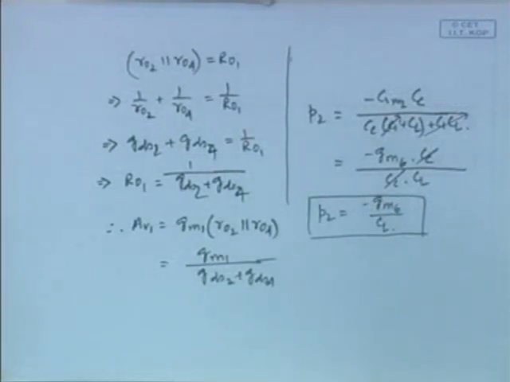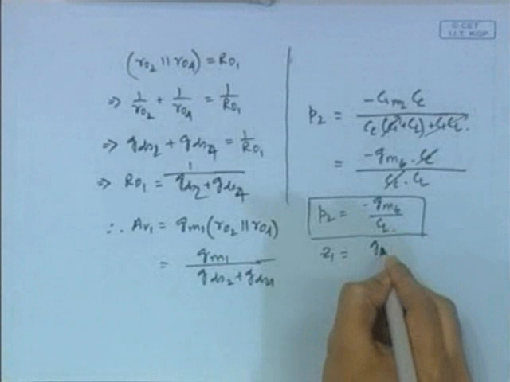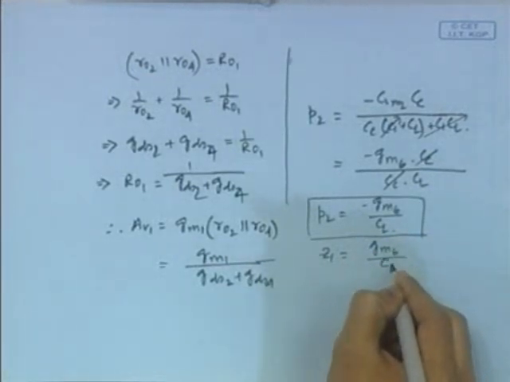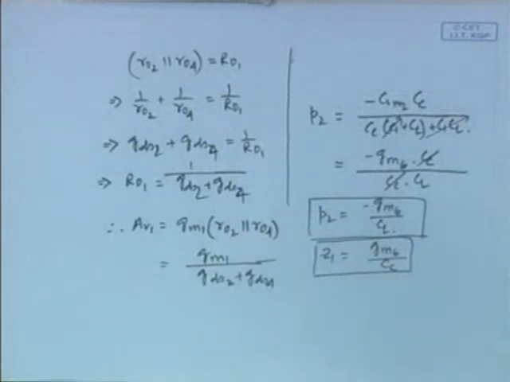What about Z1? Z1, yesterday I told you that capital GM2 divided by CC. So capital GM2 is basically small GM6. So Z1 is basically GM6 divided by CC. Okay. Now what is the gain bandwidth product?